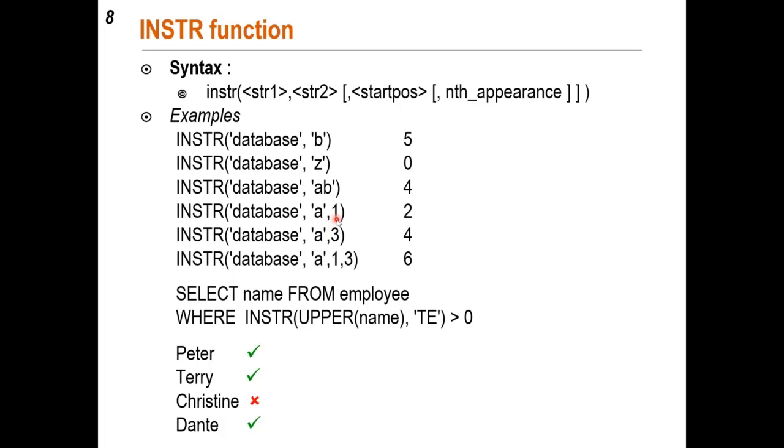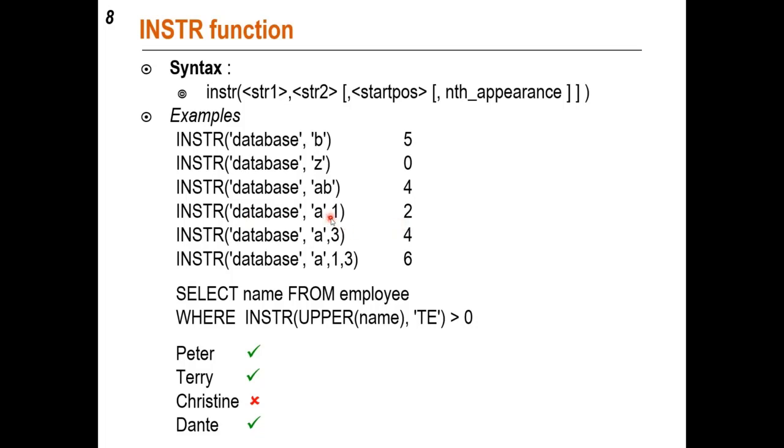So what do you mean by this? I want to find the letter A, starting from number 1. What is the position of letter A? Letter A means the first occurrence. There are 3 occurrences of A. The first occurrence of A is at the 2nd position, so I will get number 2.